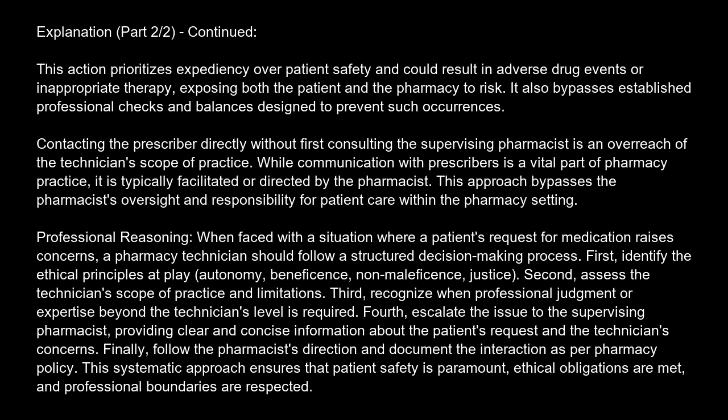Fourth, escalate the issue to the supervising pharmacist, providing clear and concise information about the patient's request and the technician's concerns. Finally, follow the pharmacist's direction and document the interaction as per pharmacy policy. This systematic approach ensures that patient safety is paramount, ethical obligations are met, and professional boundaries are respected.